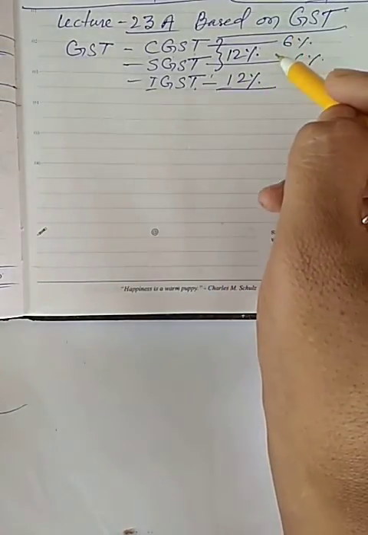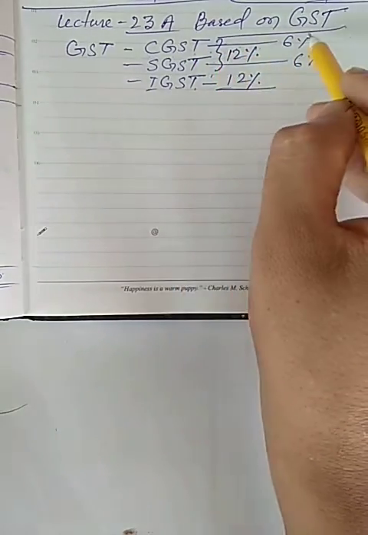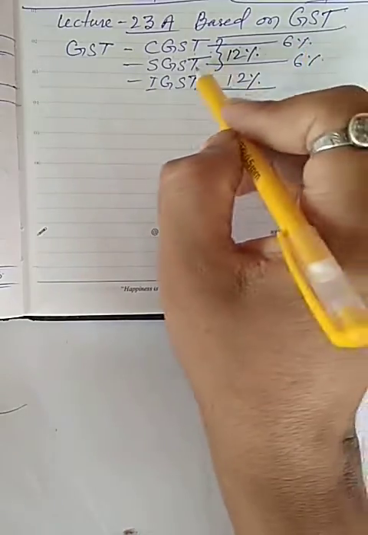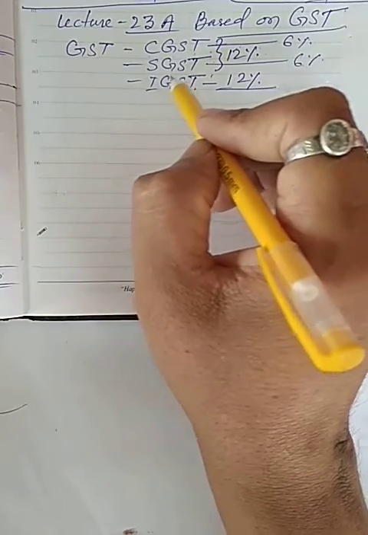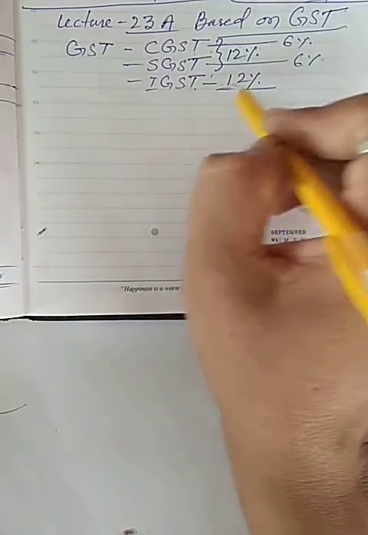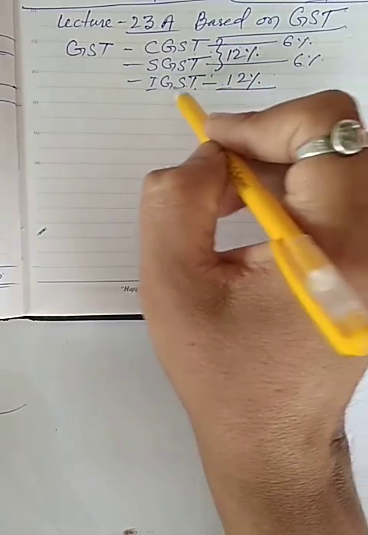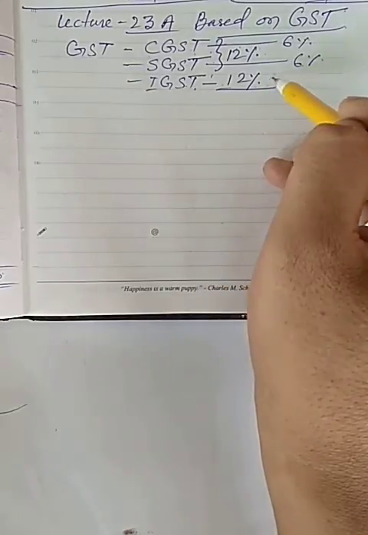Similarly, if the GST rate is 18%, then CGST will be 9% and SGST will be 9%, and in case of sale outside the state, it will be called IGST and it will be 18%, and so on.